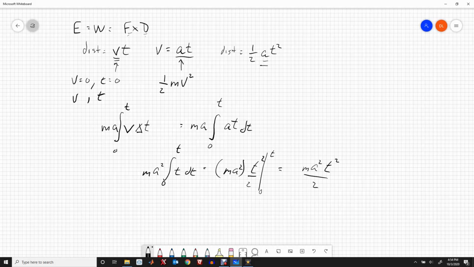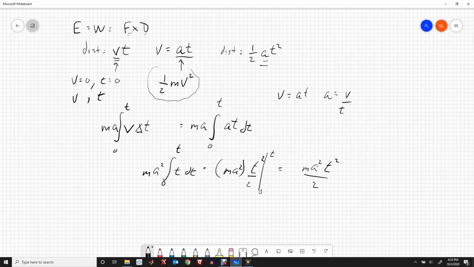Okay, well, turns out that's not so bad, but what we want is this. We observe that there is a relationship to be had between velocity and time. And again, that's this relationship. So we can say that if v equals at in a constant acceleration, then a equals v over t.